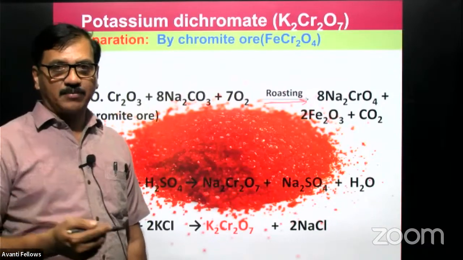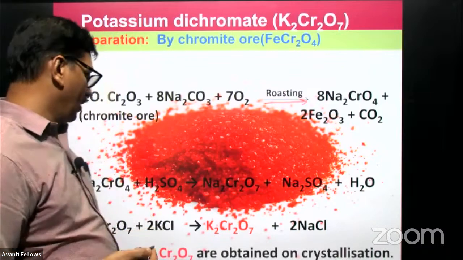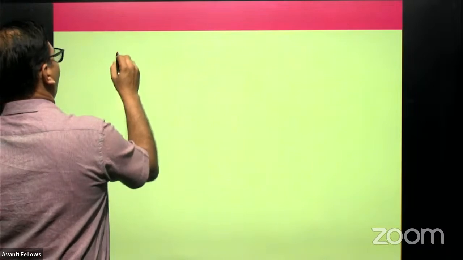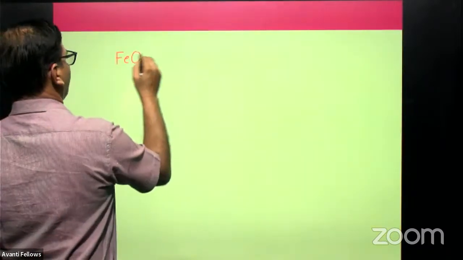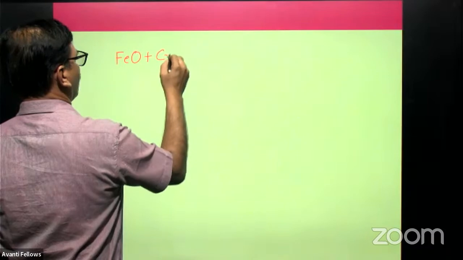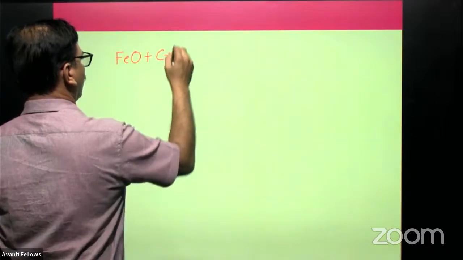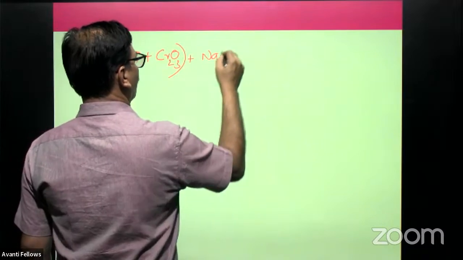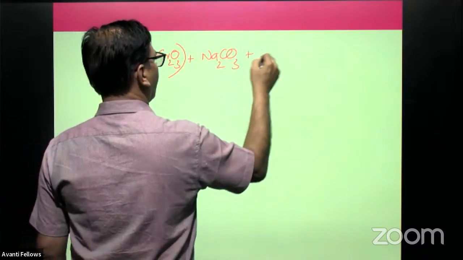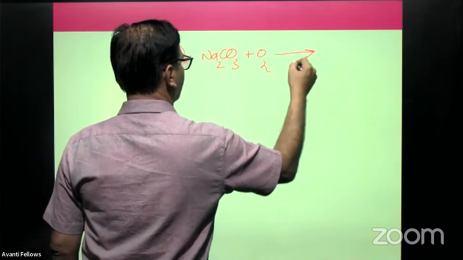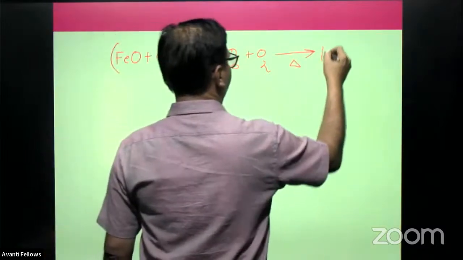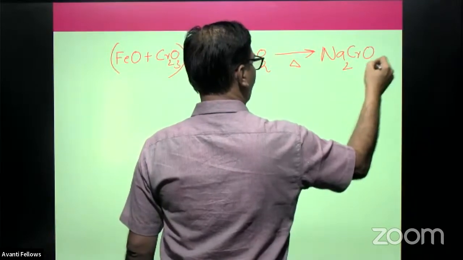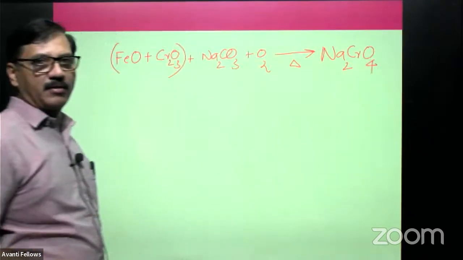So there are three steps. Remember it like this. This particular chromite, FeO plus Cr2O3, is fused with sodium carbonate and oxygen and roasting. What you are going to get is Na2CrO4, sodium chromate.